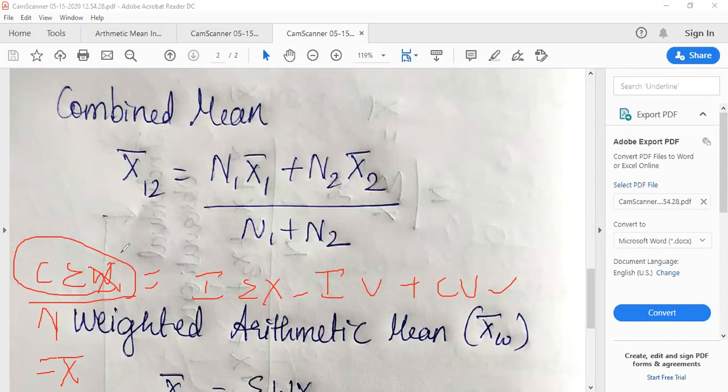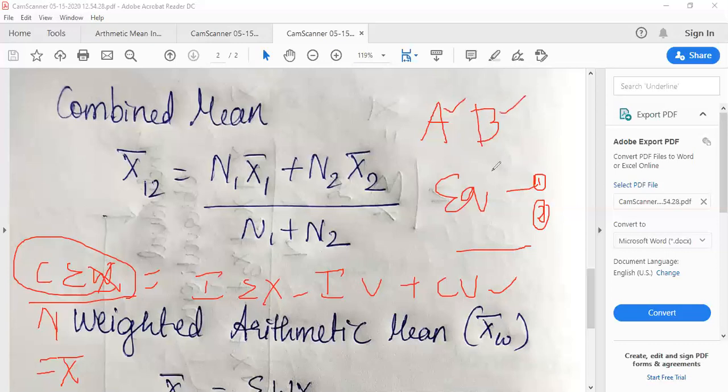If you have one missing frequency, call it A. If you have more than one, take them as A and B. Then solve the problem as usual, and you will end up with equation 1 and equation 2. Make sure you solve them simultaneously, so that you get the missing frequencies A and B. So these are 2 extra concepts included in arithmetic mean for BBA students.